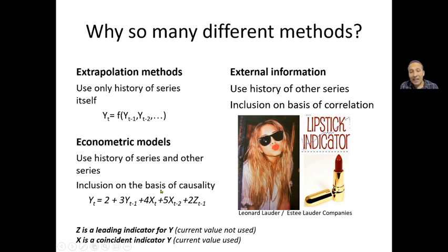There is a very interesting example, from research by Leonard Lauder and other companies, about the lipstick indicator: the fact that lipstick sales increase just before recessions. Why do you think we have this finding?